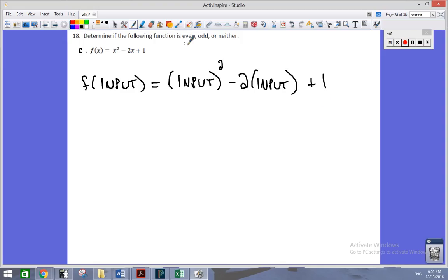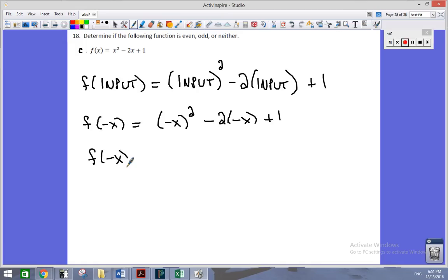In determining whether it's an even, odd, or neither function, we want to give it the opposite of x. So we're going to have the opposite of x squared minus 2 times the opposite of x plus 1. So this expression simplifies. A negative x times a negative x is going to be a positive x squared plus 2x plus 1.